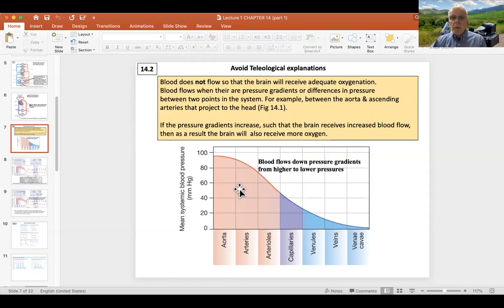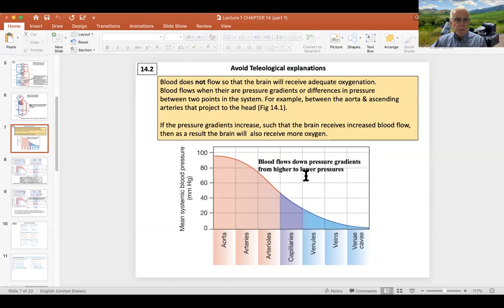But the blood flows down pressure gradients, from higher to lower pressures. I'm going to say that repeatedly. The only way blood flows in the body is if there is a pressure difference between 2 points. It could be a difference between the aorta and the carotid artery, the carotid arteries going up toward the head.